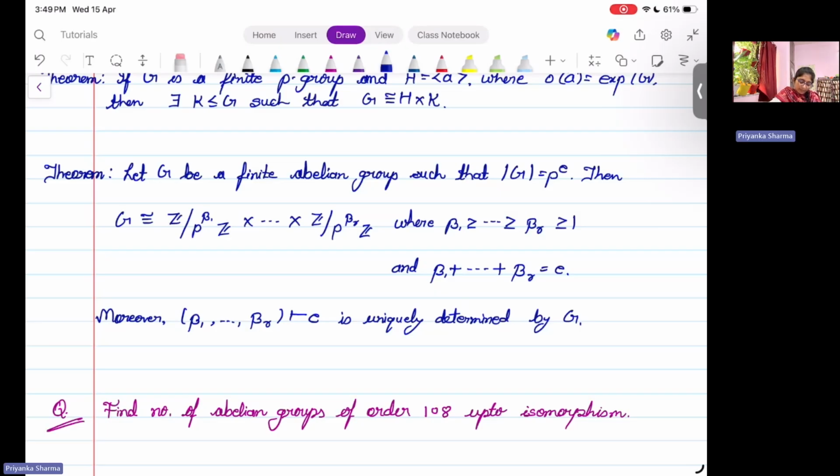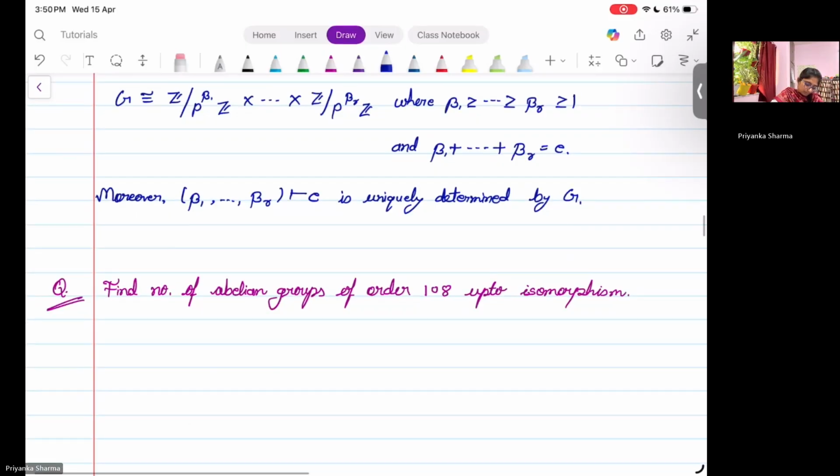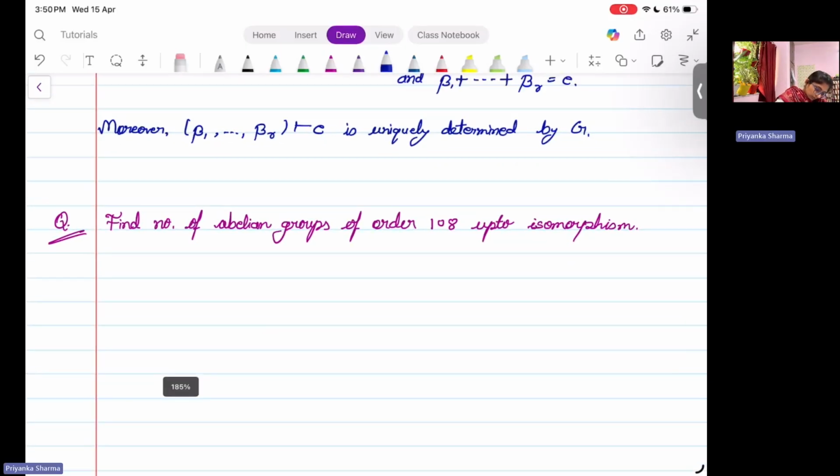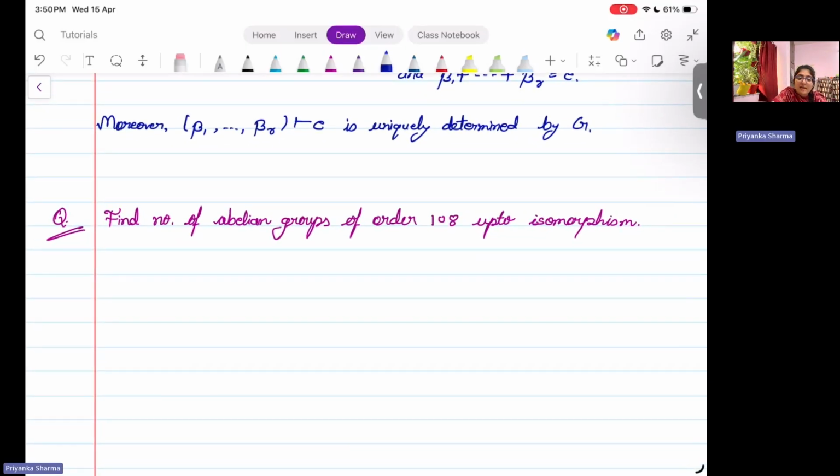Okay, so based on this discussion, we will have some problems. The first question is: find the number of abelian groups of order 108 up to isomorphism. So how to do it? Say n is 108, that is the given order.